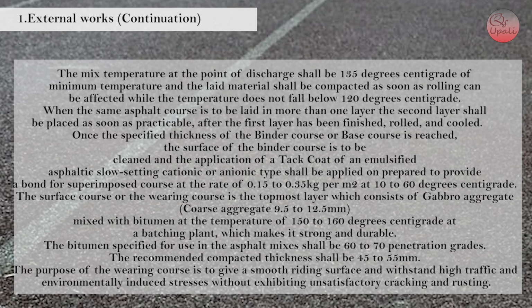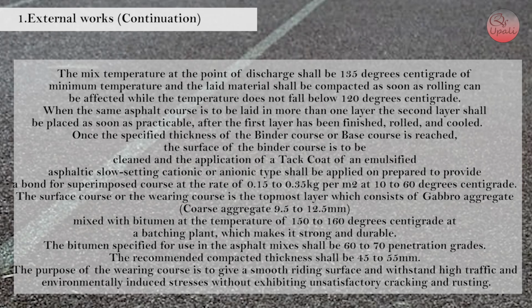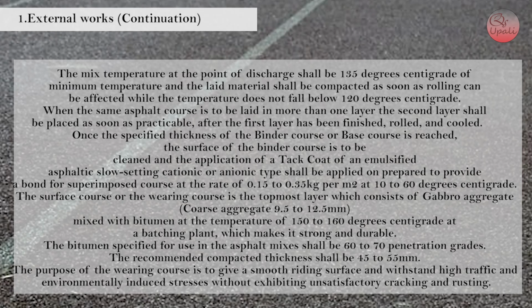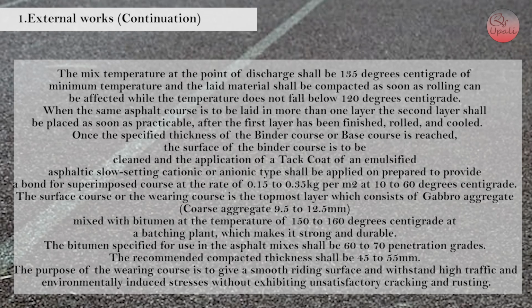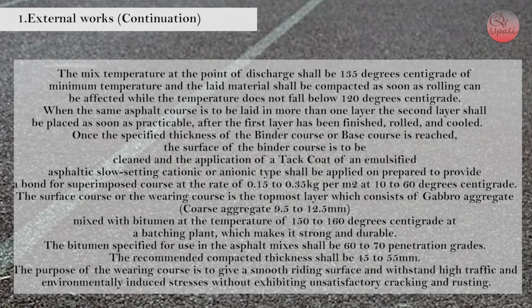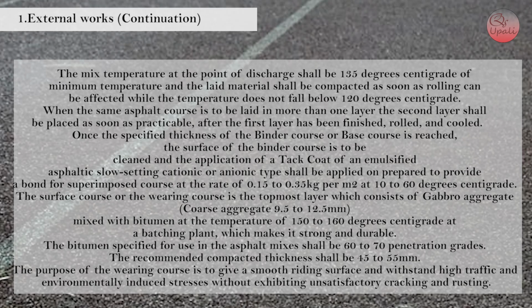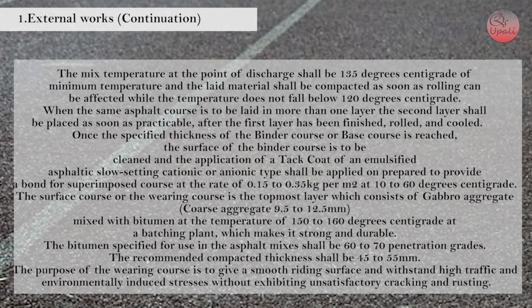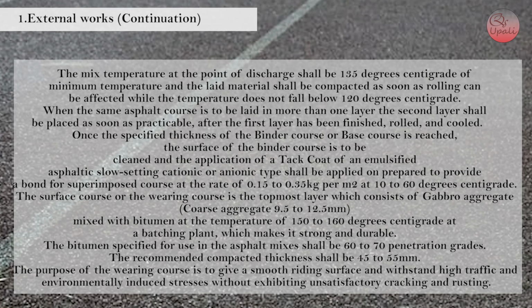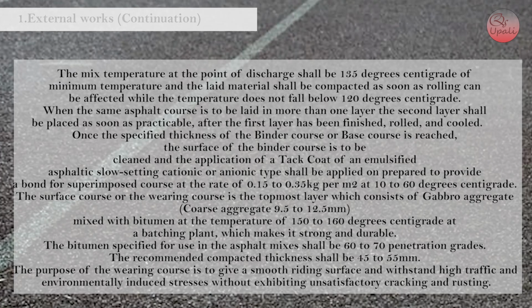The bitumen specified for use in the asphalt mixtures shall be 60 to 70 penetration grades. The recommended compacted thickness shall be 45 to 55 mm. The purpose of the wearing course is to give a smooth riding surface and withstand high traffic and environmentally induced stresses without exhibiting unsatisfactory cracking and raveling.